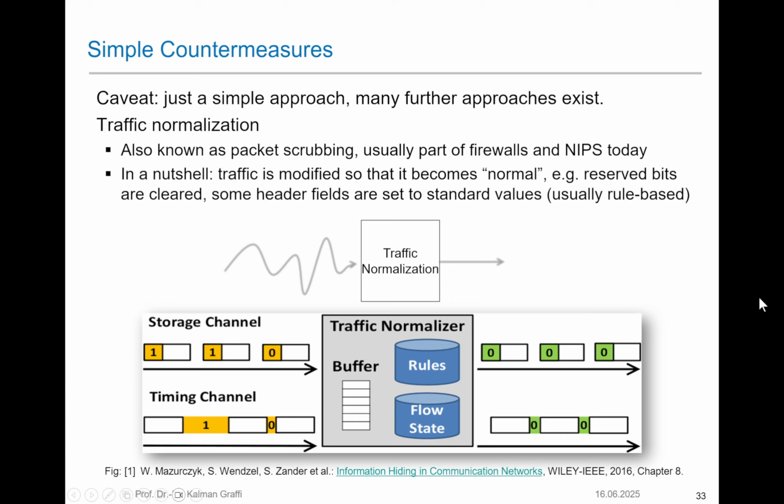Okay, so here's the example of how the simple countermeasures we talked about can be applied. That's a very simple approach. Of course, you can do it more cleverly, but a very simple approach is to create some kind of normalization. So any kind of timing issues, any kind of special header fields where you choose randomly your values, you can apply some rules so that your proxy, whatever you apply in the middle, recalculates the padding fields so that they are all set to 0, all optional fields are set to 0, all cases are normalized.